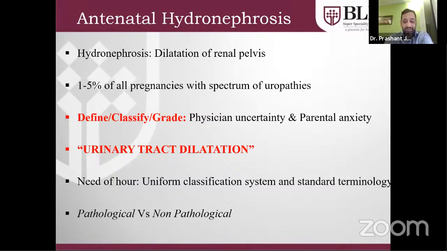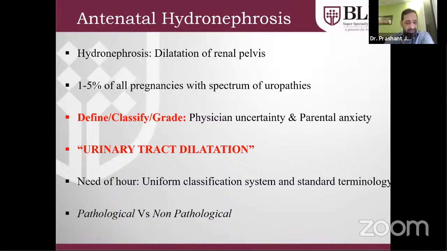Recently, there has been a multidisciplinary consensus regarding the terminology and the standard of care, and the term urinary tract dilatation has been recommended instead of hydronephrosis. They have recommended this terminology just to make a uniform system of classification as well as follow-up of these patients.